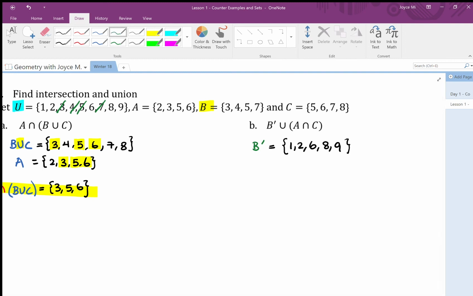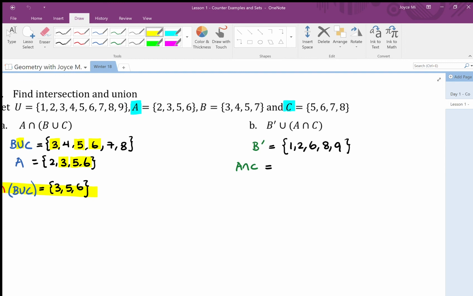And then I'm going to look for A intersection C. Again, I'm looking for elements that are common in both A and C. So I'm going to remove all the highlights and look at it again. A has 2, 3, 5, 6. C has 5, 6, 7, 8.